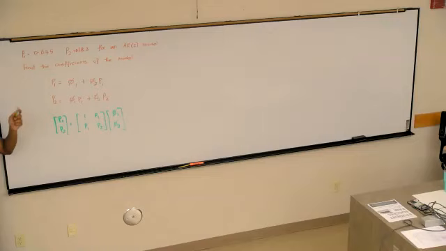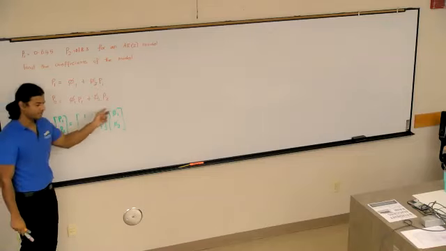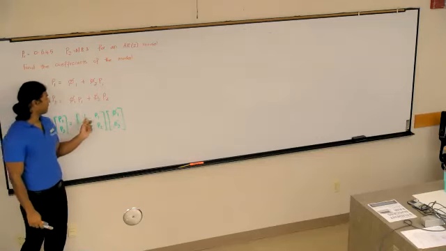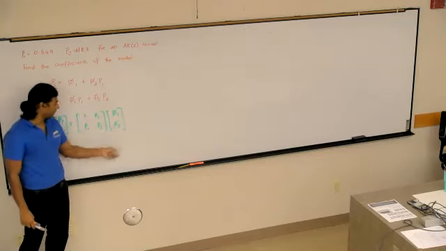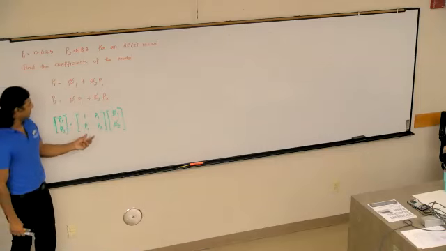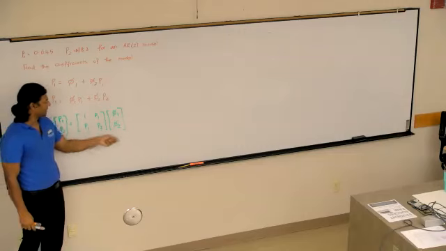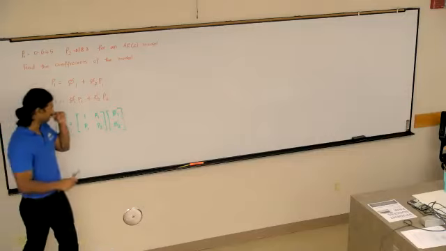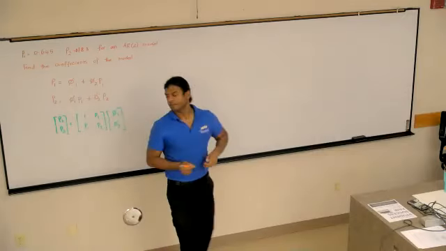If you recall from the beginning of the semester, I showed you how to multiply matrices and vectors. If you multiply that row vector by that column vector, you'll get that, and that equals rho 1, rho 2.